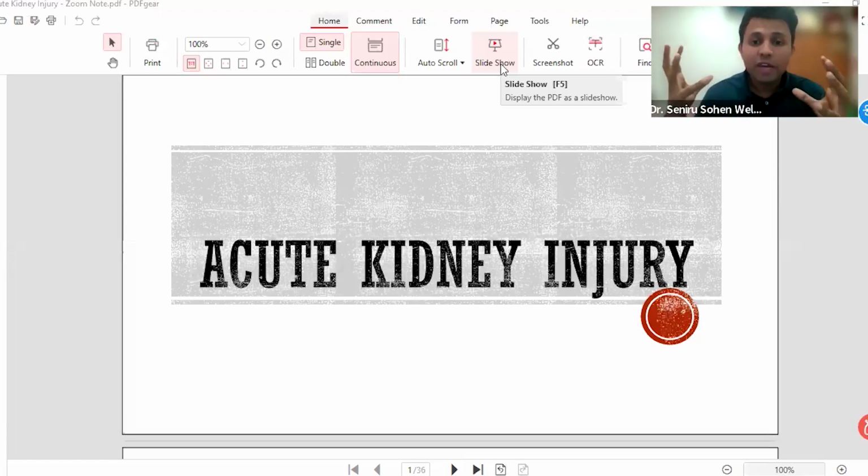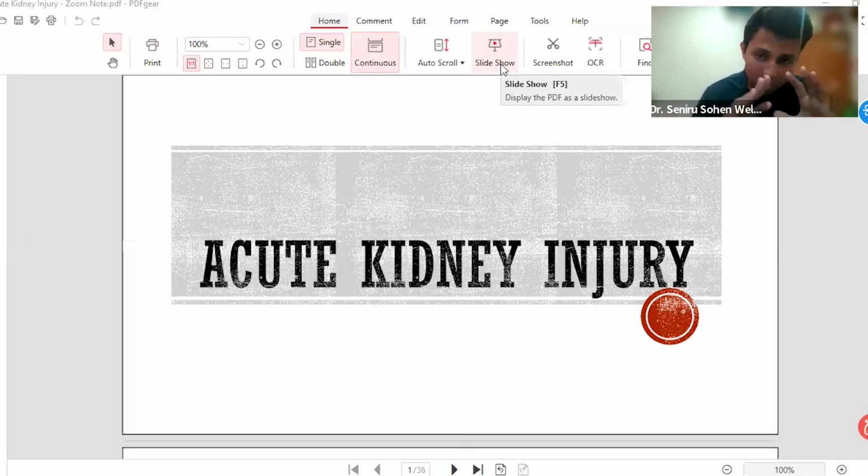perfusion. So when we decrease the angiotensin action by the use of angiotensin receptor blockers or ACE inhibitors, this efferent arteriolar constriction gets reduced. That means the glomerular pressure will decrease and the glomerular filtration rate will fall.